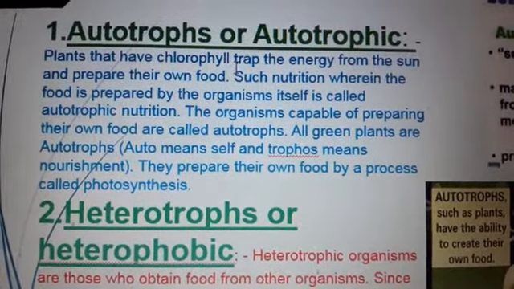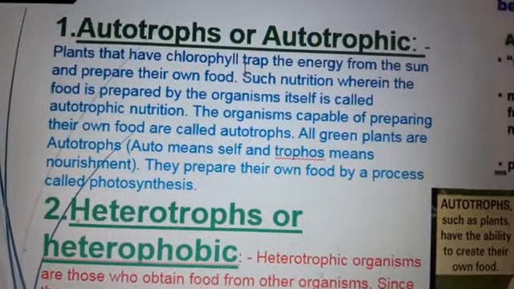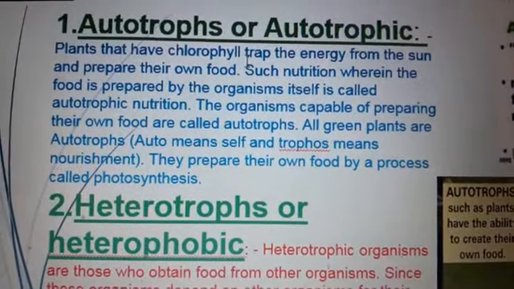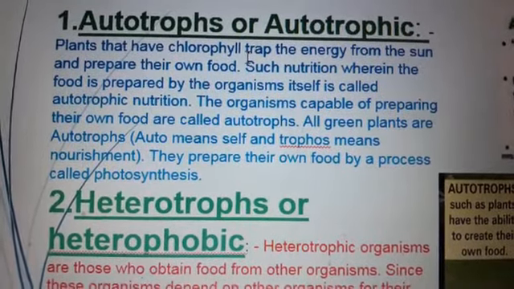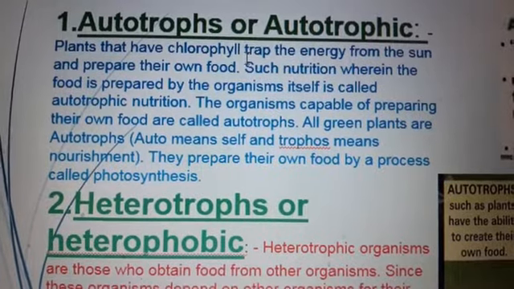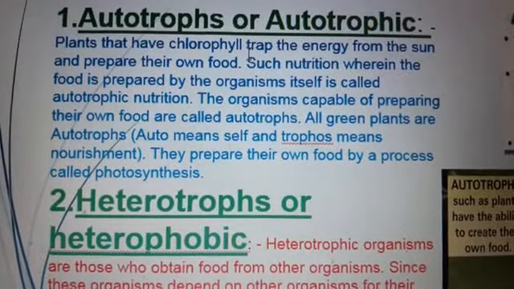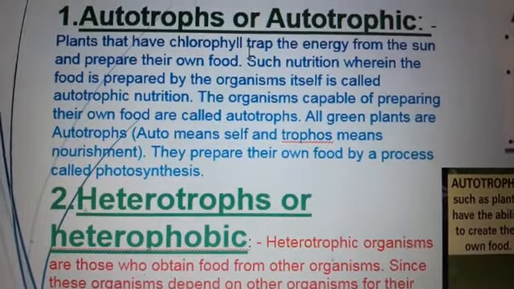This chlorophyll traps, or absorbs, the energy from the sun. This energy is very necessary for preparing their own food. Without sun energy, this process cannot proceed in the plant. So sunlight is very necessary for this process.